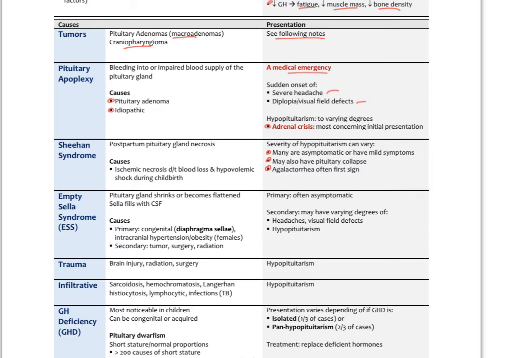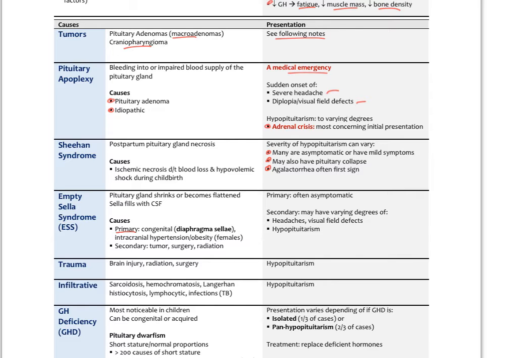So that's Sheehan syndrome. Another cause of hypopituitarism would be empty sella syndrome. And that's where the pituitary gland shrinks or becomes flattened. And the sella turcica, that space in the sphenoid bone, becomes filled with cerebrospinal fluid. And the causes of this can be what we call primary, and that's usually from a congenital problem of the development of the pituitary.